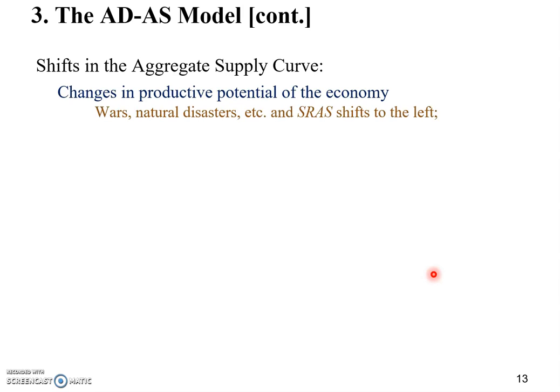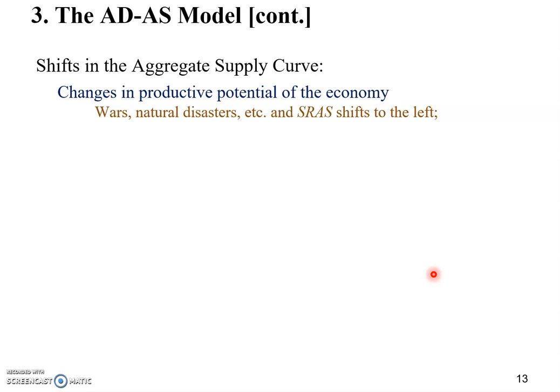For example, in some very extreme situations like civil wars or a war with a neighboring country, natural disasters like earthquake, flooding, right, wildfire. These will definitely shift the short-run aggregate supply curve to the left because they reduce our productive potential.